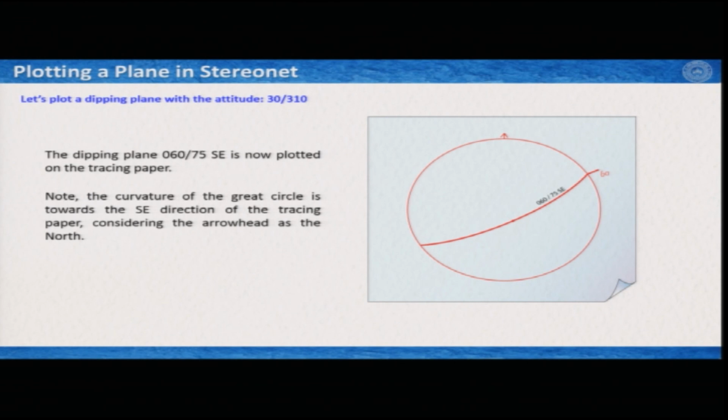So, if you take it off the Stereonet, it would look like this. You just write the value here, the data of this plot, and you are done plotting a plane on a Stereonet.